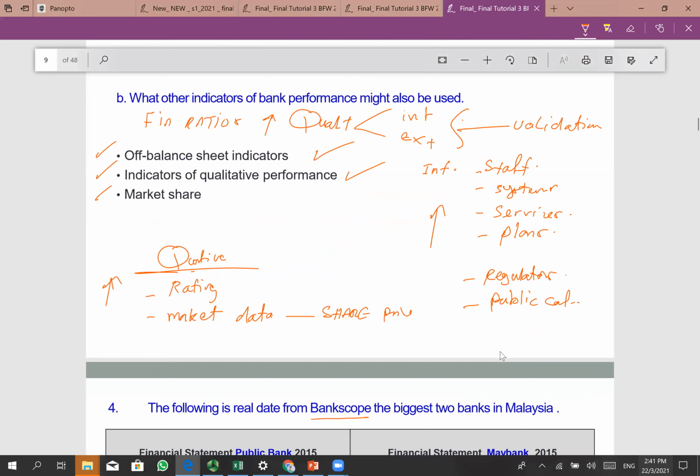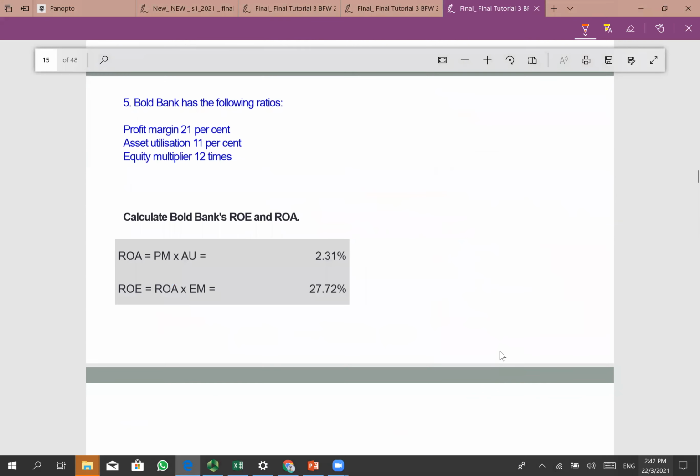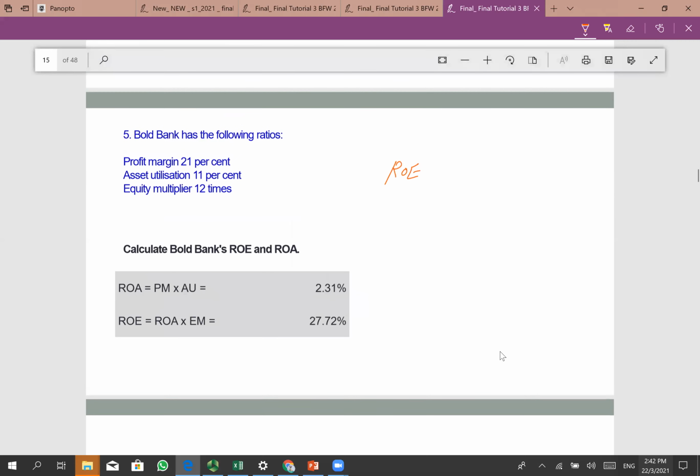Okay, we have this question also, and this is about the ROA again. The question is, say they want us to calculate. So they know that we know this relationship. So this is the return on assets, this is the AU, this is the PM, and this is the leverage multiplier.